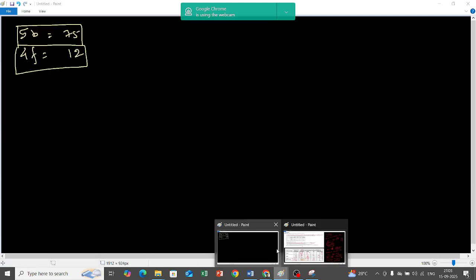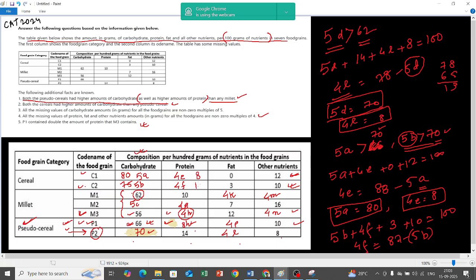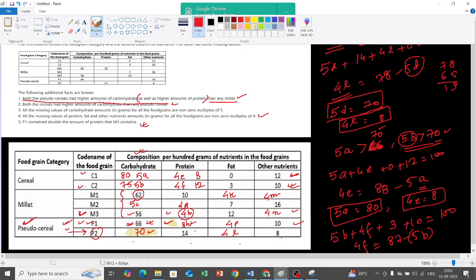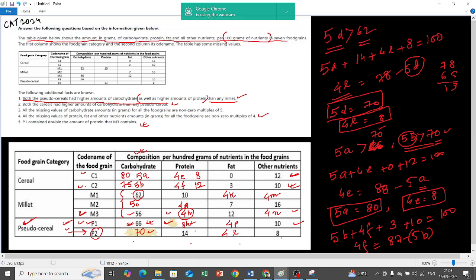Okay, we got 4f as 12. We got so many values. Fine. Now let's move on to the next one.